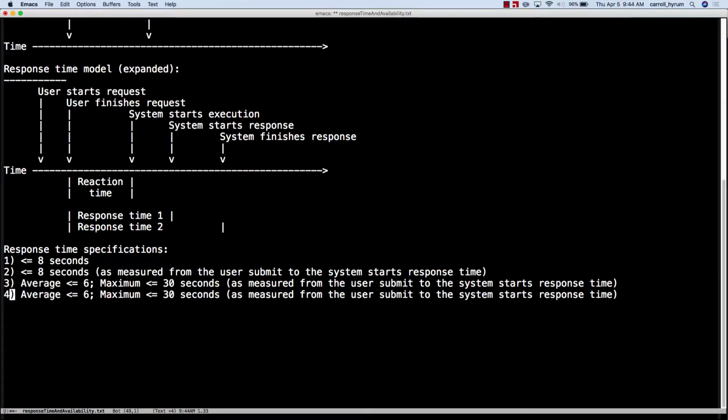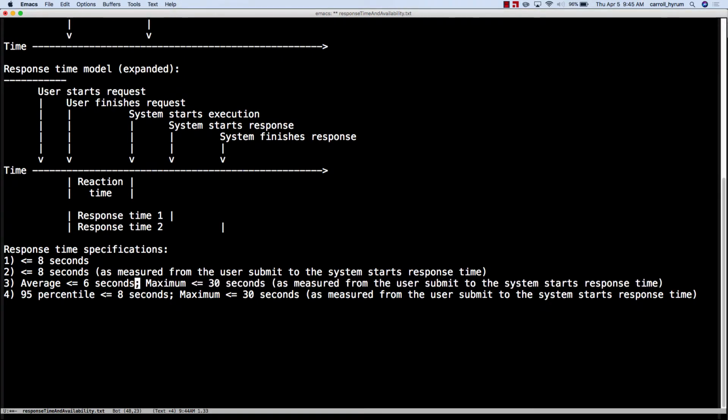Another way we could say this is, okay, 95th percentile needs to be less than, we'll say, 8 seconds, and then maximum or 100th percentile is less than 30 seconds.